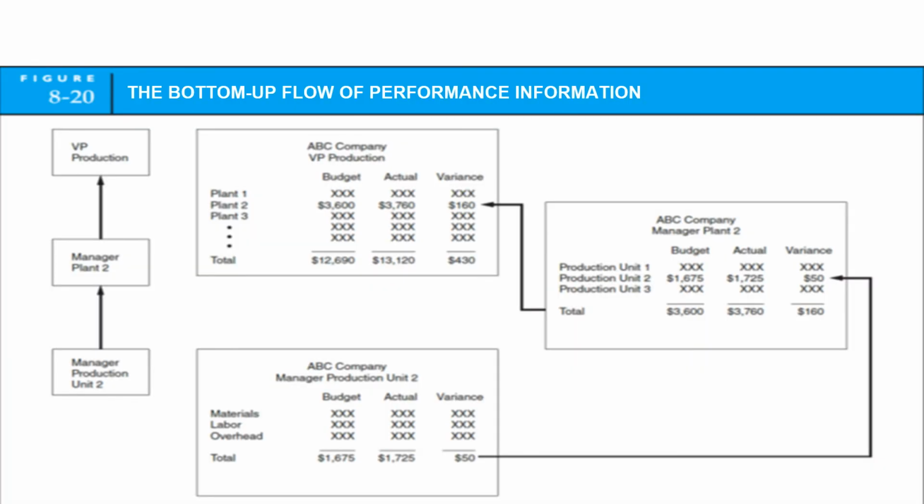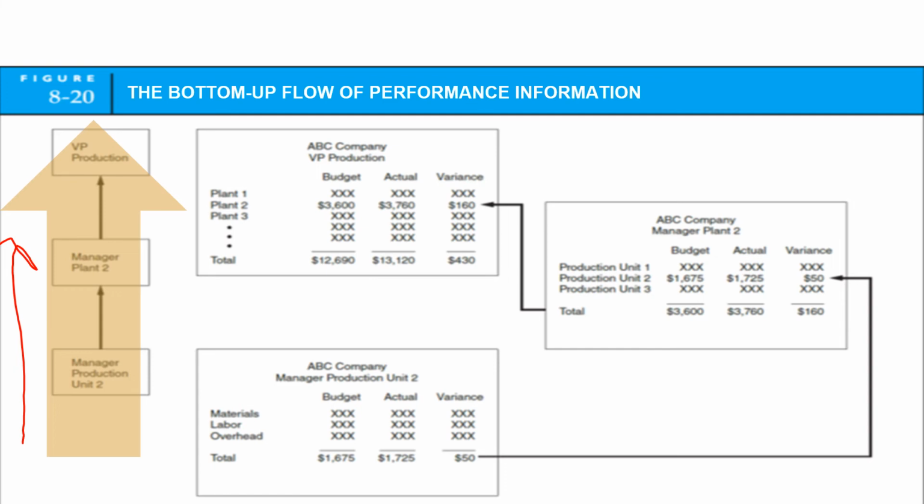Here we have the bottom-up flow of performance information. It is the same structure: the manager of production unit 2, the manager of plant 2, and the production manager. When they evaluate performance, they compare the budget with the actual and also the variance.